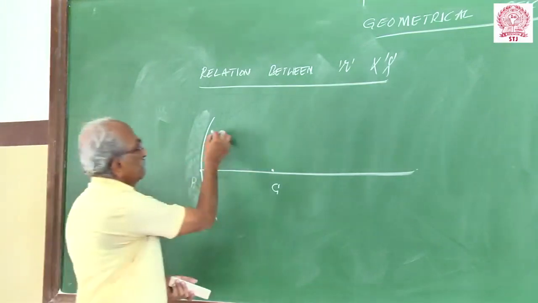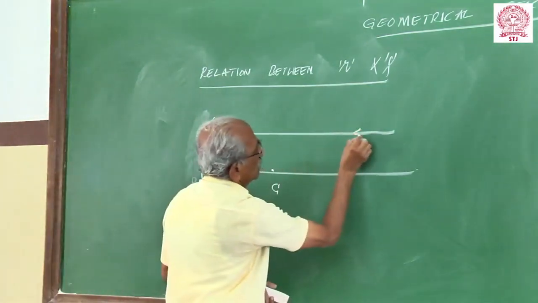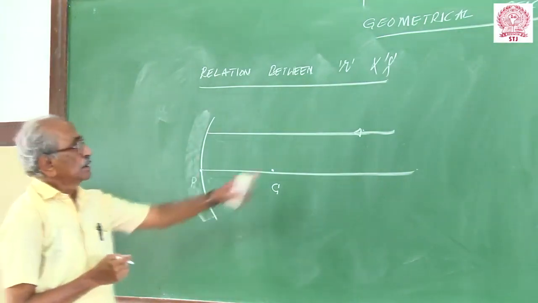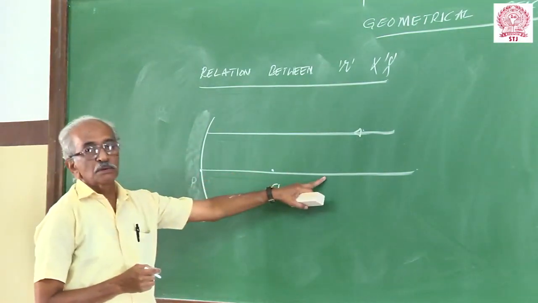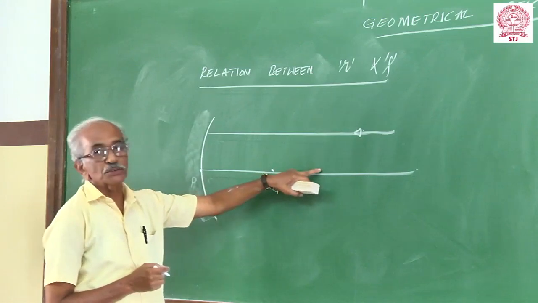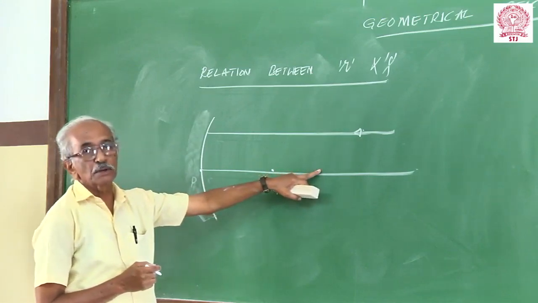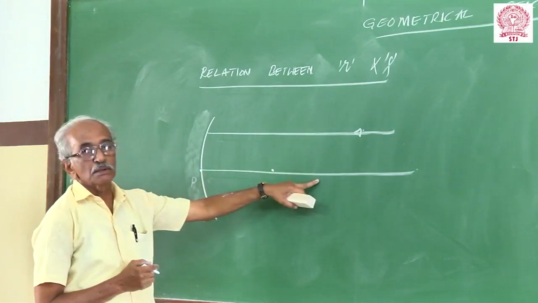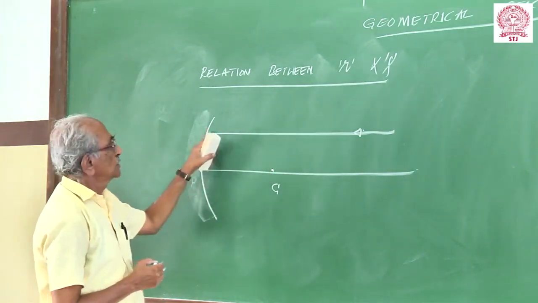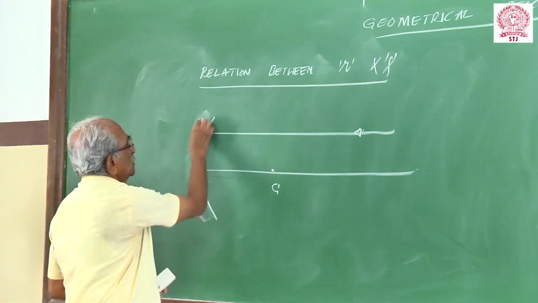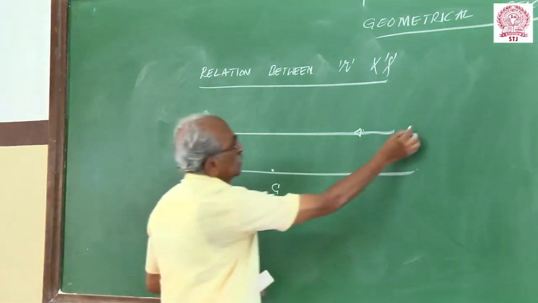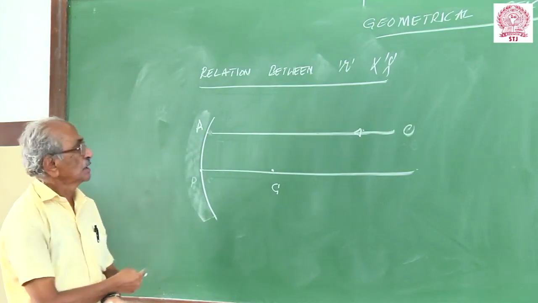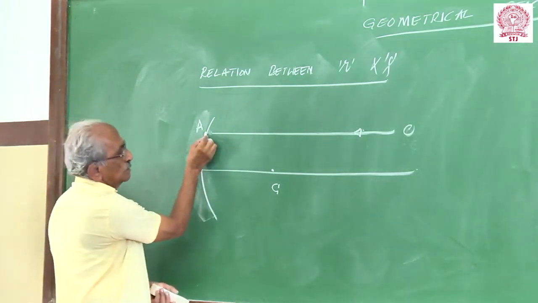I take a ray traveling parallel to the axis, of course, close to the axis. Though I have drawn the figure with the ray far away from the axis, in practice this incident ray, let us say OA, is traveling very close. Now this is the normal.